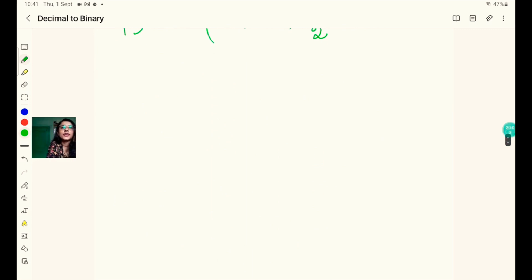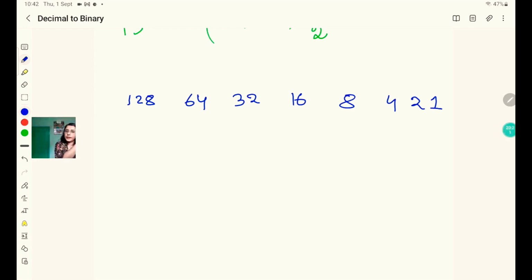Before the tip I want to write the numbers: 128, 64, 32, 16, 8, 4, 2 and 1. Now here we have 8 bits, right?